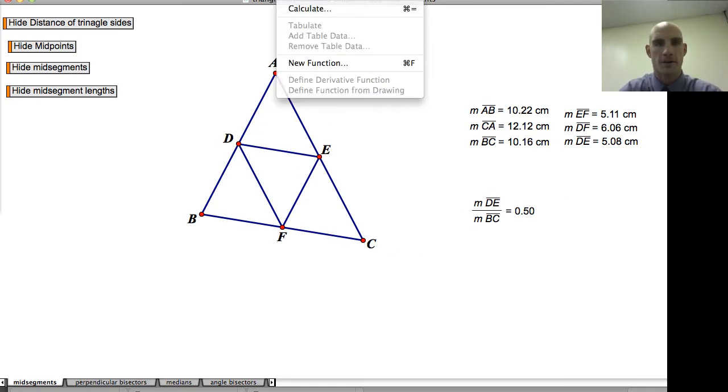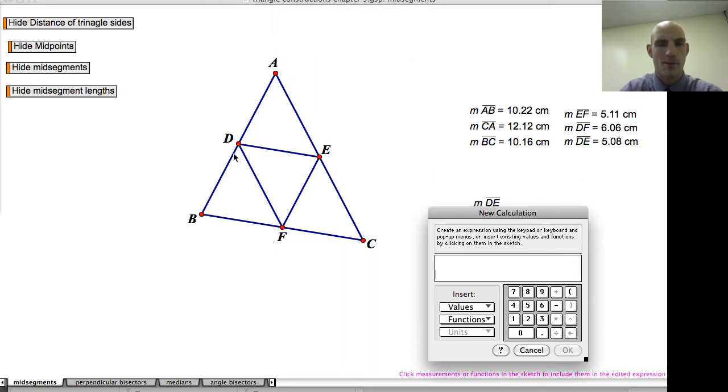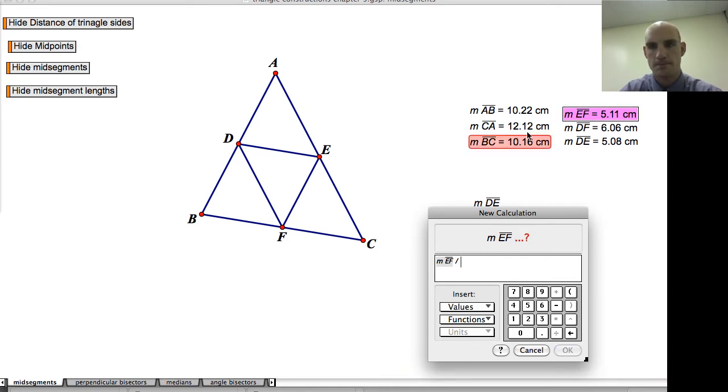Now I'm going to set up another calculation, measuring the other midsegment. If I look at C right now, EF and AB are going to be my targets. So I'm going to pick EF and divide that by AB.